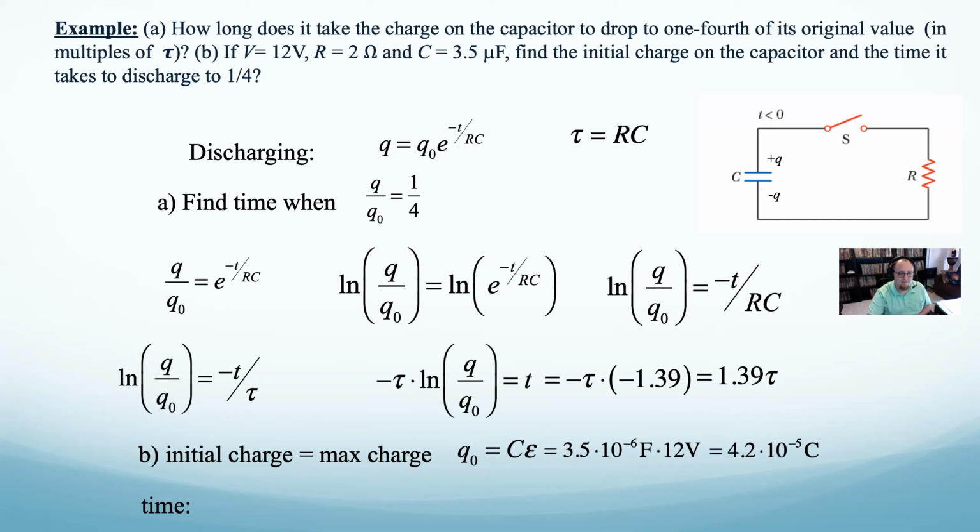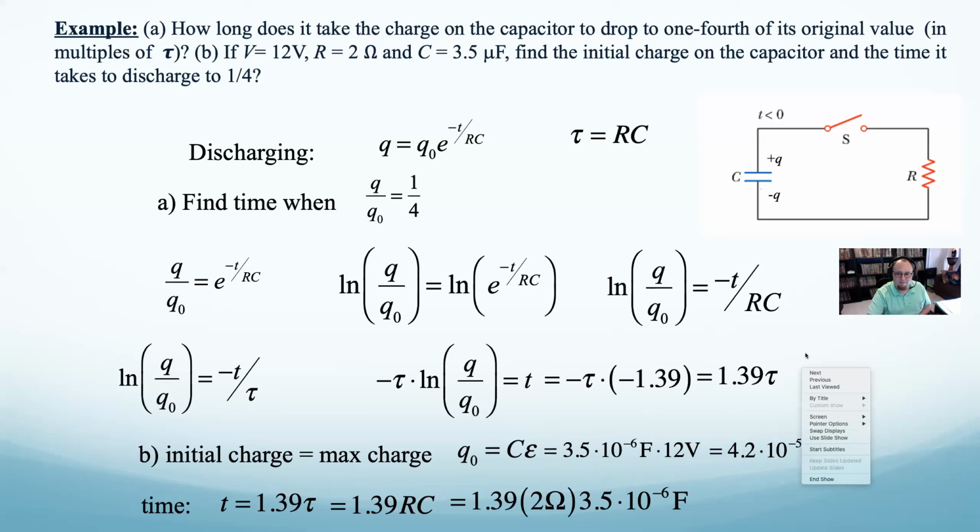And the time, I said the time was 1.39 tau. So it's 1.39 RC. So I can plug in and get a value. Questions?